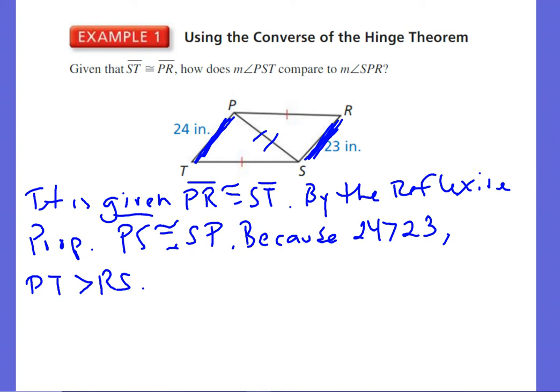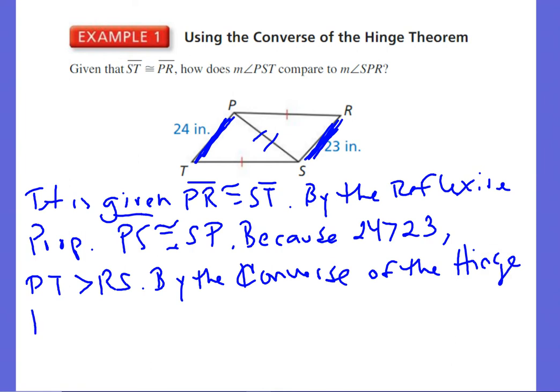And if that's the case, the converse of the Hinge theorem tells us that the angles at P and S have a relationship now. So by the converse of the Hinge theorem, angle P, what is angle P? Actually, let's get a little bit more specific.